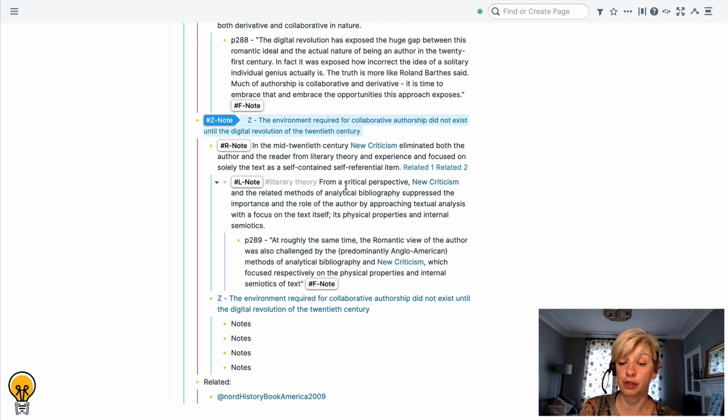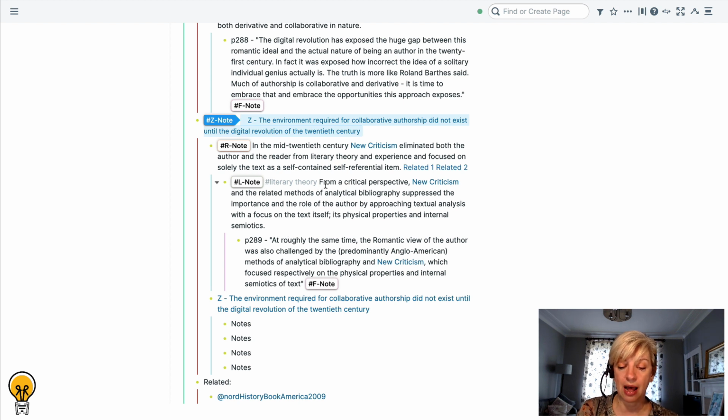From a critical perspective, new criticism and the related methods of analytical bibliography suppressed the importance and the role of the author by approaching textual analysis with a focus on the text itself, its physical properties, and internal semiotics. Okay, so that's just me restating that, and we'll go to the R note next.